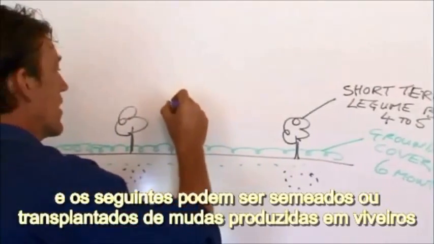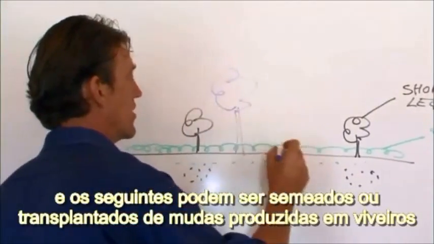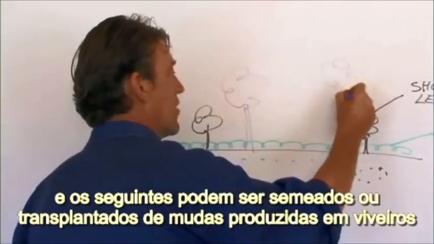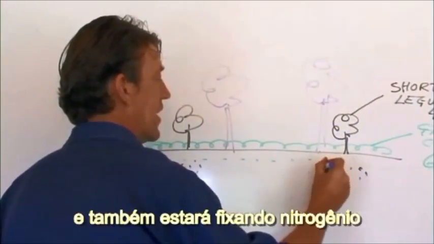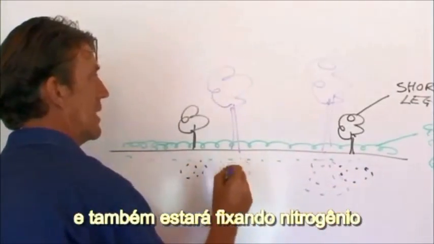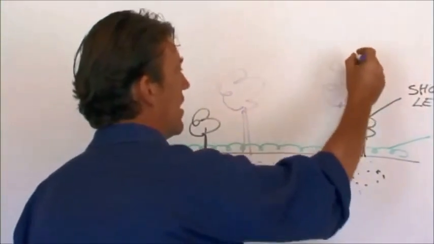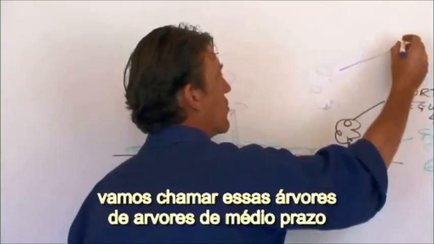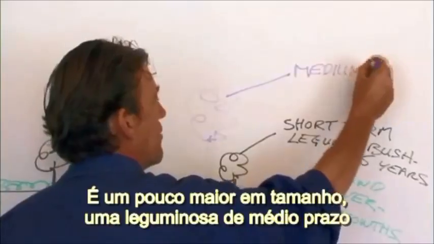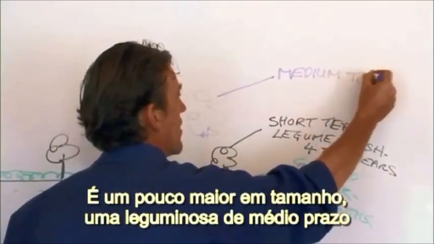Our next one can be planted by seed or as a small potted tree from a nursery, and it will also be fixing nitrogen. And we'll call this a medium term legume tree, and it's a little bit bigger in size.